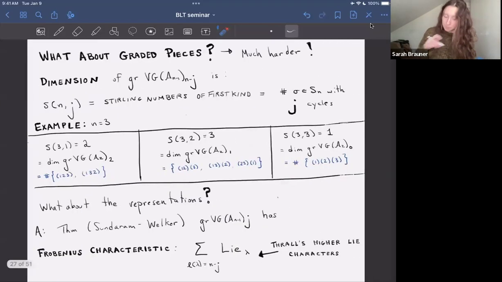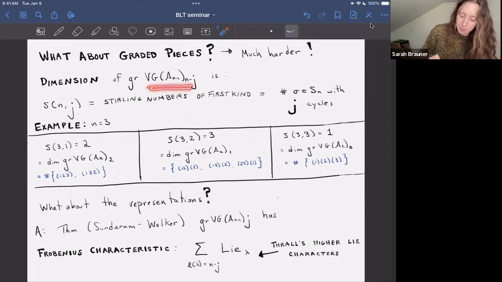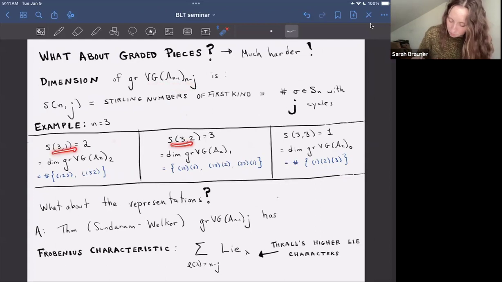Okay, so what about the graded pieces? This is a much harder question. We know the dimensions of these graded pieces are given by the Stirling numbers of the first kind. These are the number of permutations with j cycles. For example, when n is 3, here are my 3 Stirling numbers and the permutations that they're counting.